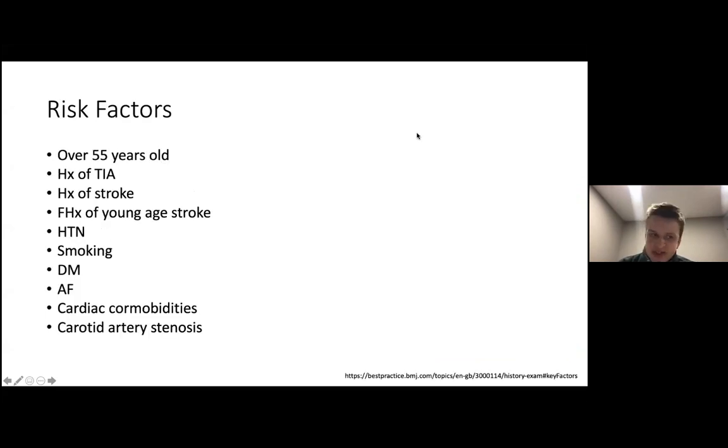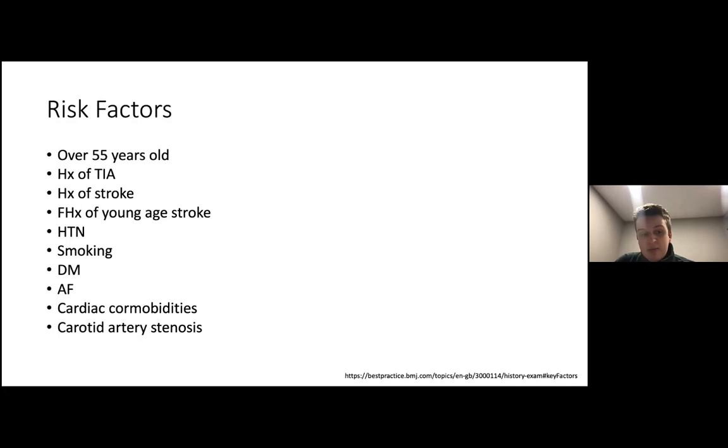So what are the risk factors? With a lot of things which are cerebrovascular, age, and a history of TIA or stroke is really important. Any family history of young strokes in the family, hypertension, smoking, these all increase your cardiovascular risk anyway.